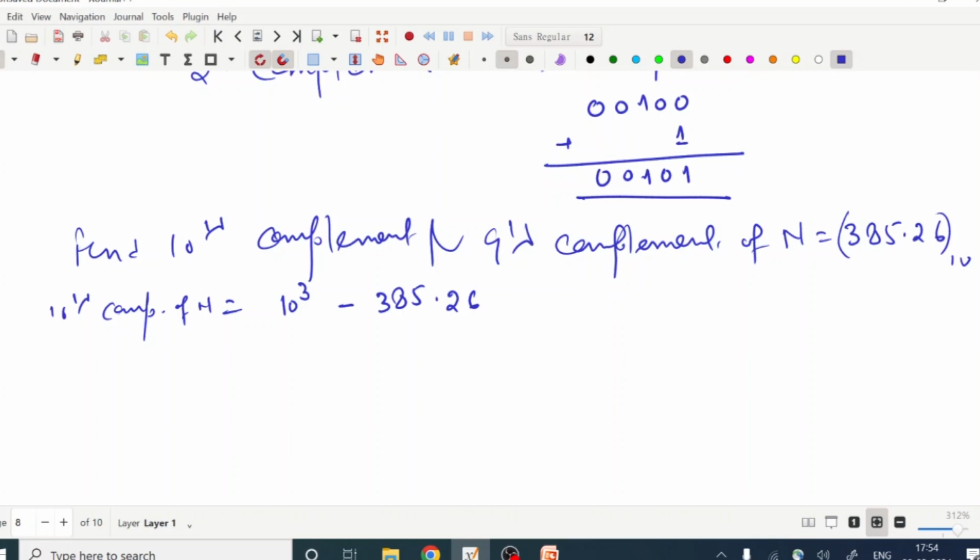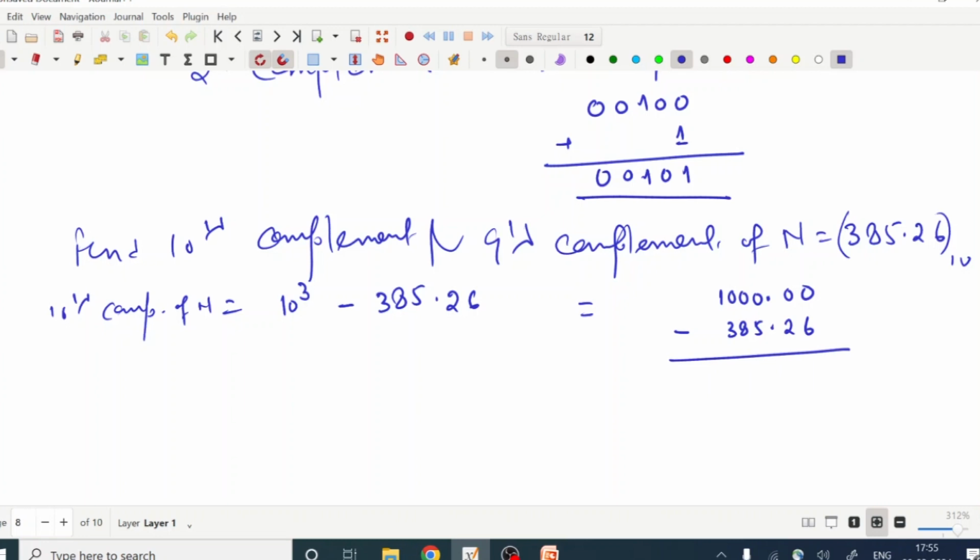Starting from the unit place, the first non-zero digit is subtracted from 10, as we discussed. So 10 to the power 3 is 1000.00 minus 385.26. Subtract.